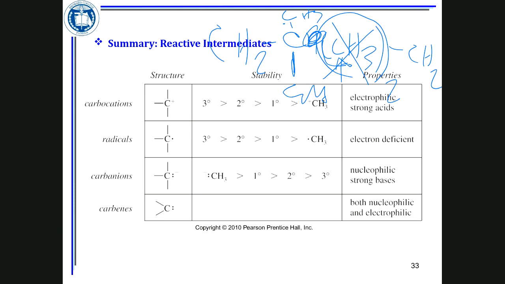If I go 1, 2, 3, 4, I have to number from this end, because this end is the closest to the OH. So OH takes the priority. If I go up here, it's going to be 5 and 6. If I go down here, I get more carbon, so it's going to be 1, 2, 3, 4, 5, 6, 7, 8.